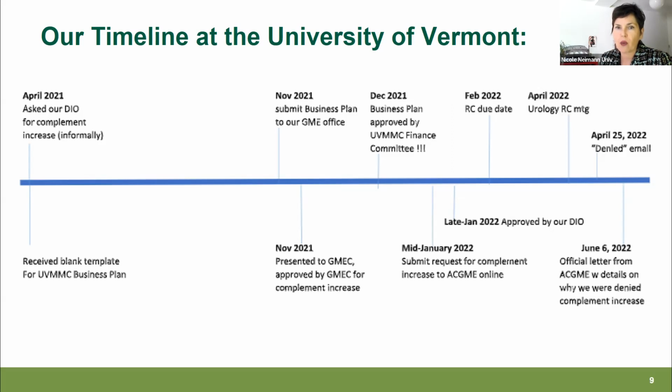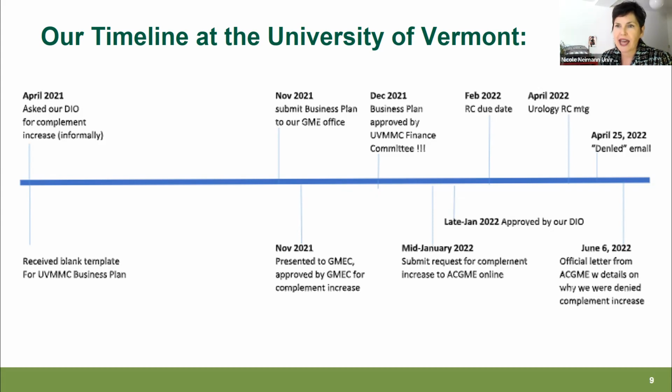And then once we had jumped all those hurdles, I logged on to the ACGME website, and a little later in our presentation, Kim or Denise are going to show you exactly where you apply. There are several steps that you have to do on the ACGME website.